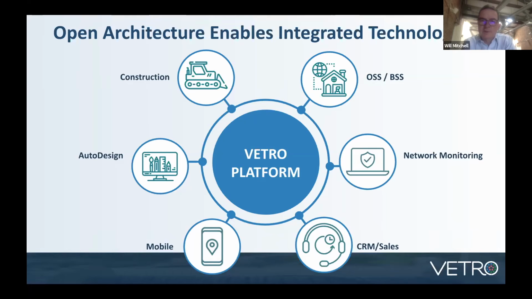The technologies being presented by everyone on the Digital Network Week presenter panel are complementary and serve different portions of the network deployment lifecycle. For example, for auto design, you've heard or will hear from BRE Networks. They can deliver large-scale design automation, and that data can flow back and forth via APIs with a fiber management system of record, i.e. Vetro.